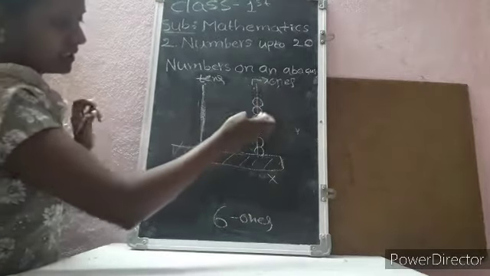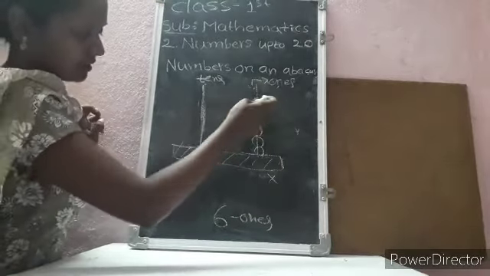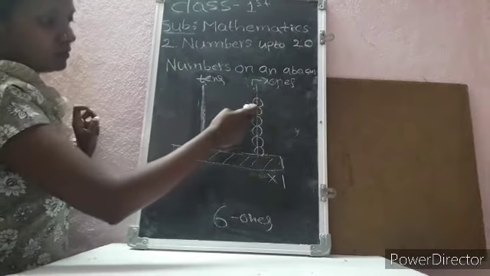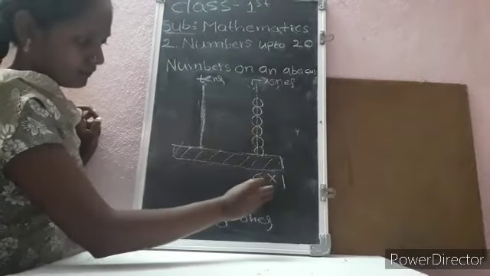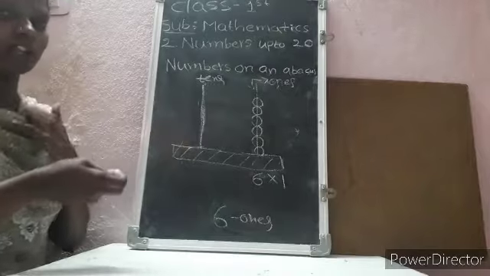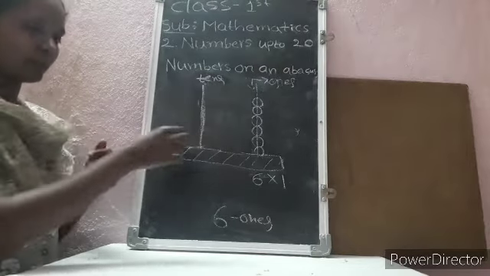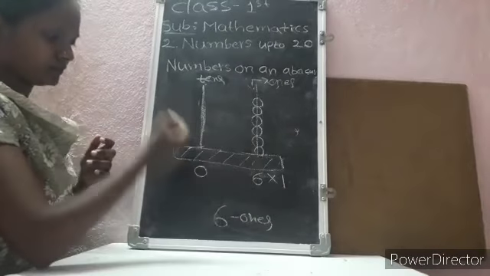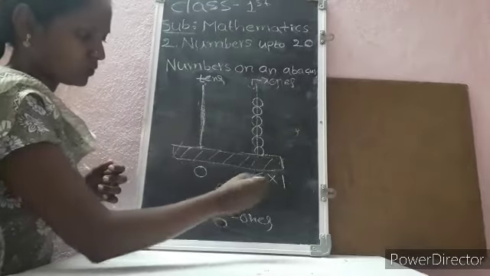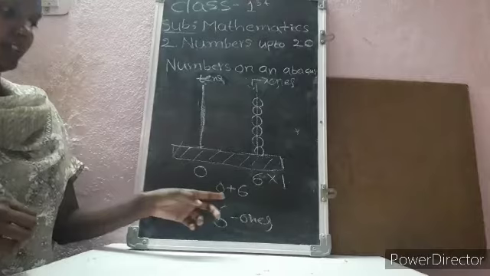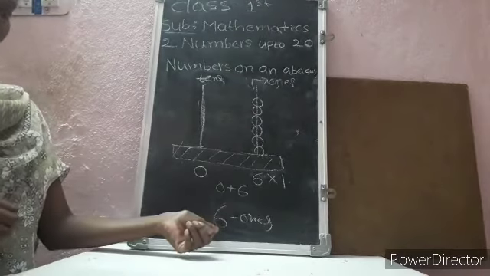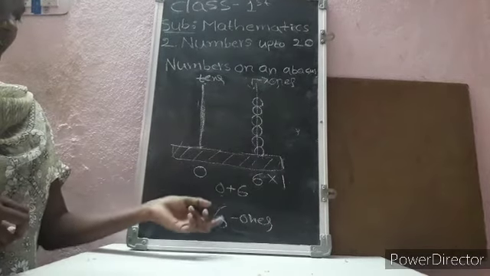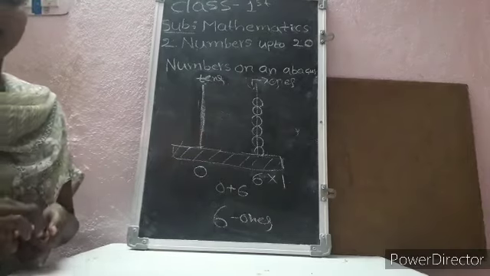Now we check this abacus tool. Ones place, and how many beads are there? 1, 2, 3, 4, 5, 6. And here the tens spike is empty, so it stands for 0. So 0 plus 6 ones are 6. The value is 6. So this representation is correct.